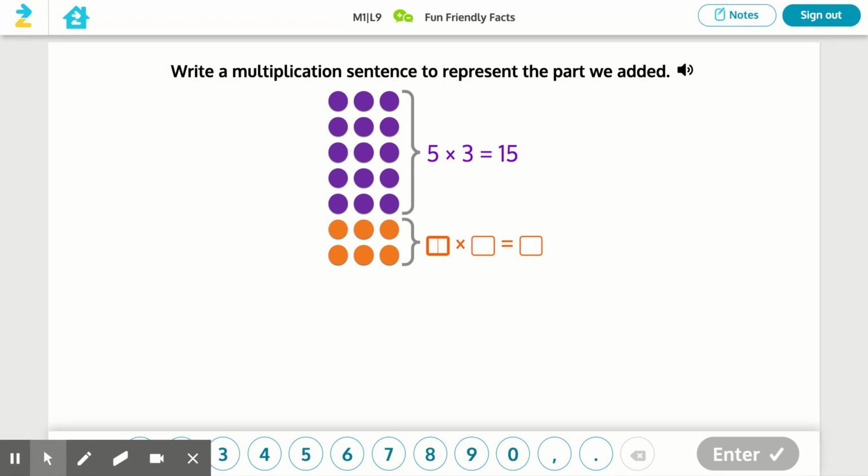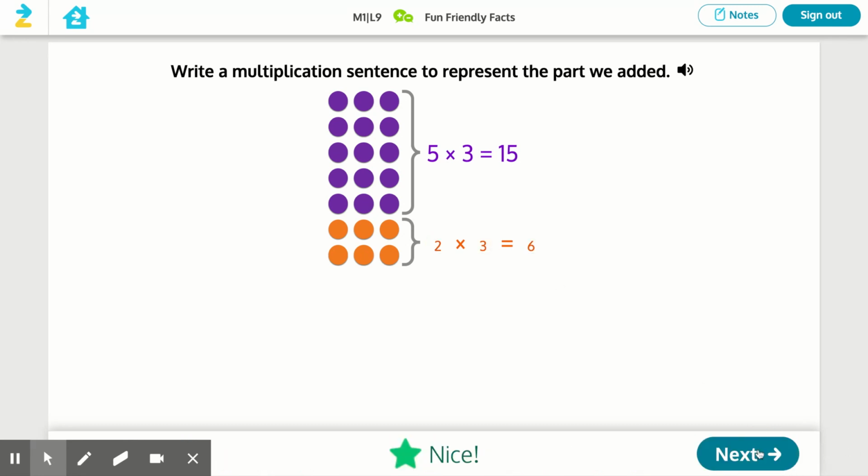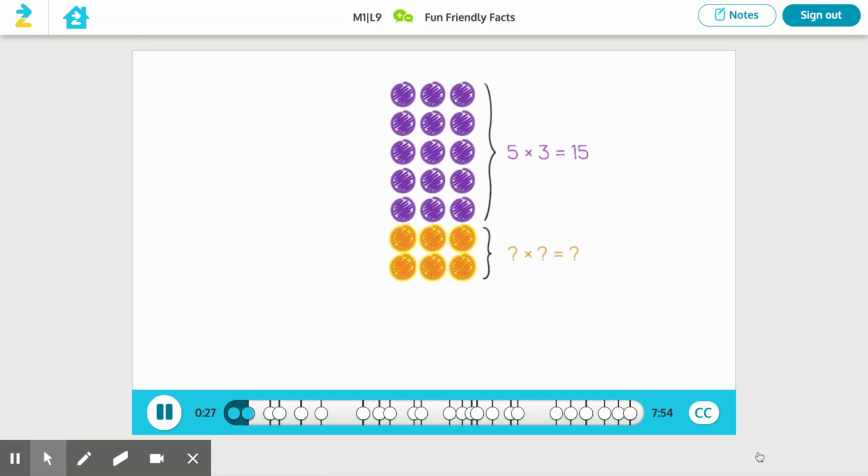Please do that in your Nearpod at this time. All right. Well, when we're looking at just the orange, we'll notice that there are 1, 2 rows and still 3 columns. If we skip count by threes, 3, 6 is our total. This part shows 2 times 3.